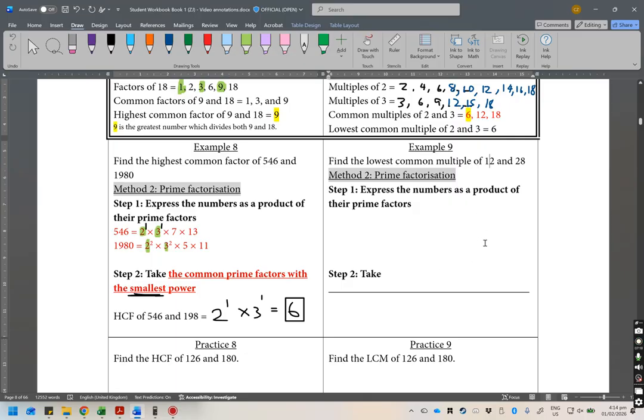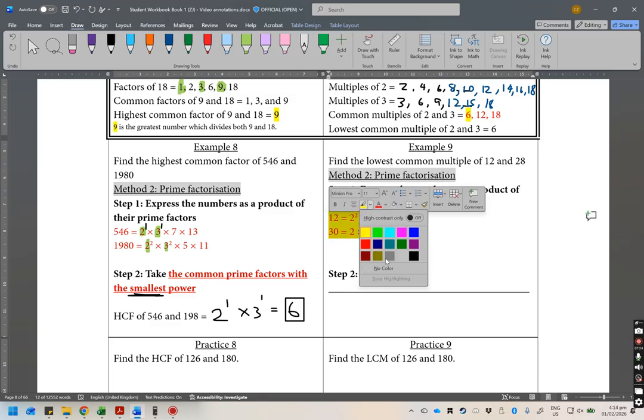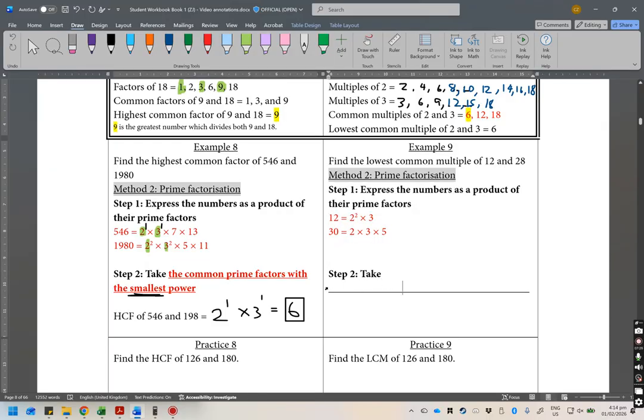Then let's look at method 2. So we have 12 and 18. First you prime factorize them similarly. Then I will take all prime factors with the highest power.